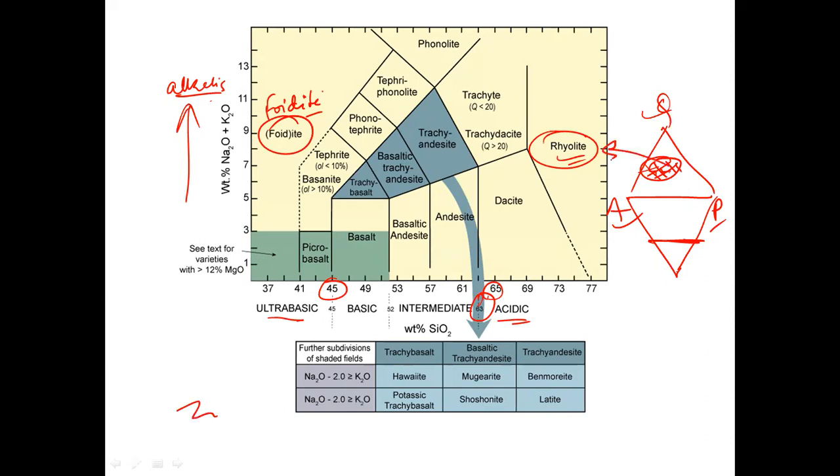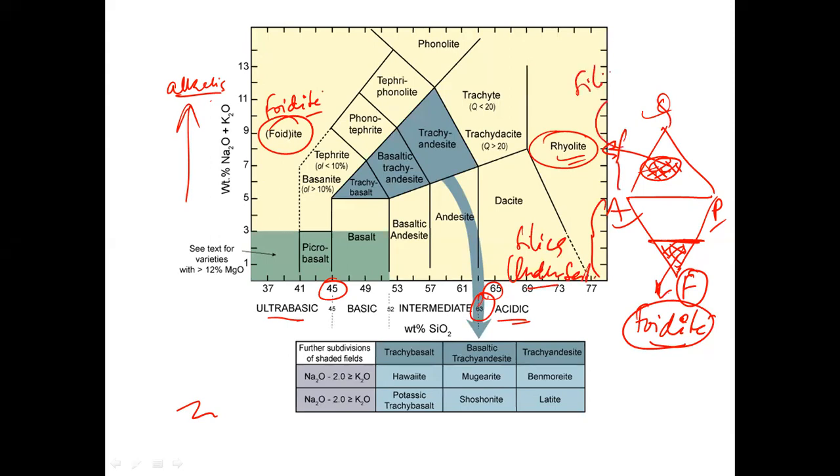So suppose this portion is for rhyolite, and what is here? This is feldspathoid. So here we have foidolite in plutonic, and its volcanic equivalent is foidite. So I told you that this triangle is for silica undersaturated, silica saturated, and this triangle is for silica oversaturated.